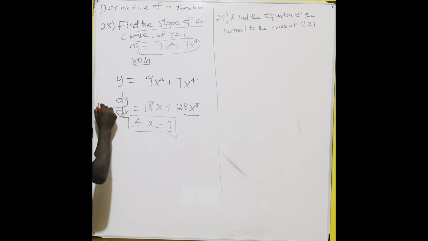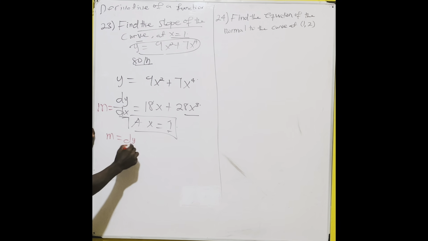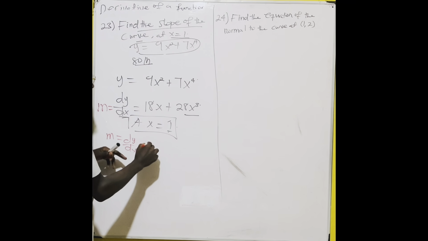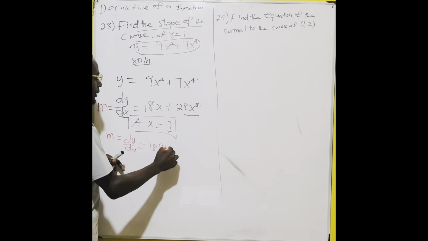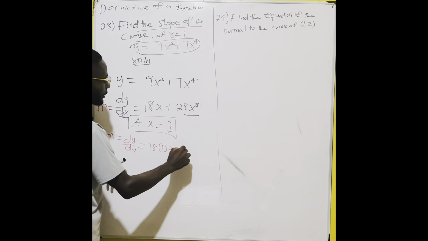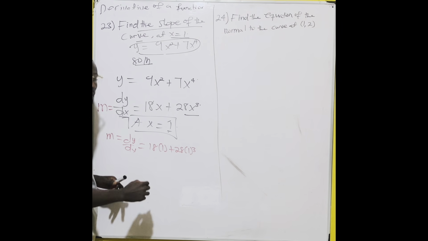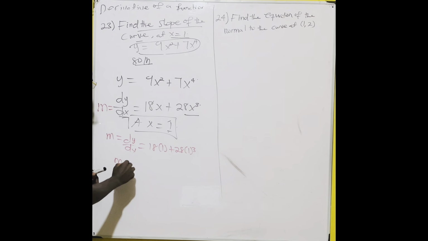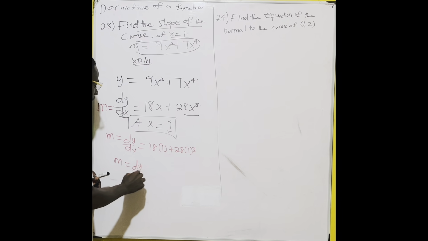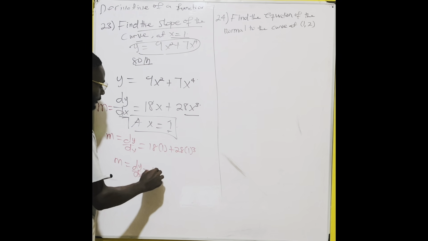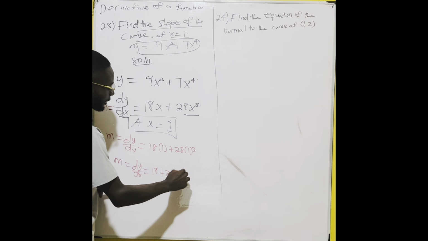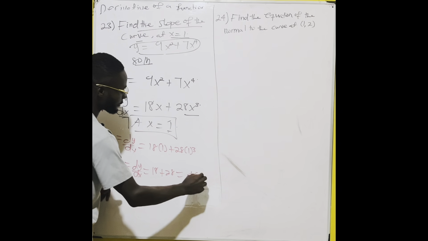So m equals dy over dx, which is equal to 18 into 1 plus 28 into 1 cubed. So our gradient will be 18 plus 28, and that is equal to 46.